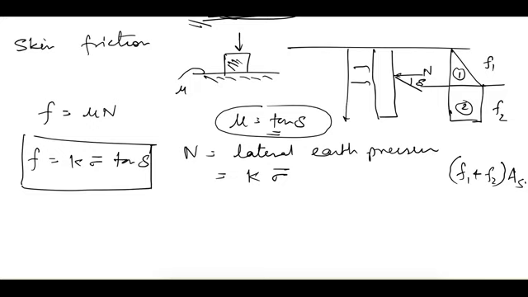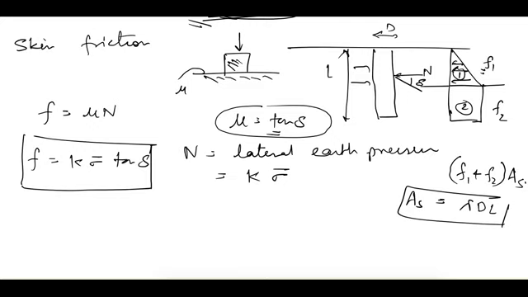If the length or depth is L and the diameter is D, and if it is a circular pile, then As, the surface area, is simply equal to pi into D into L. For f1 and f2, we take the average of the stress, that is sigma average 1 or sigma average 2, and that way we'll find f1 and f2. So here I can write it is the average value.